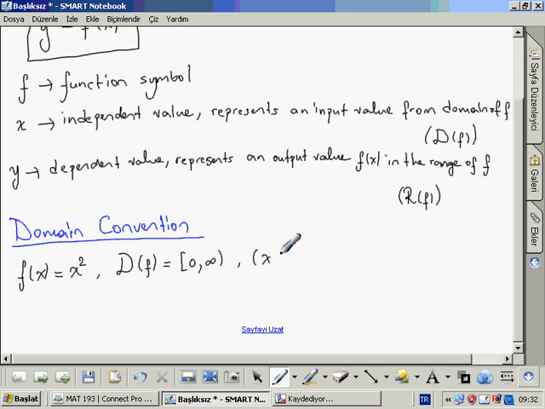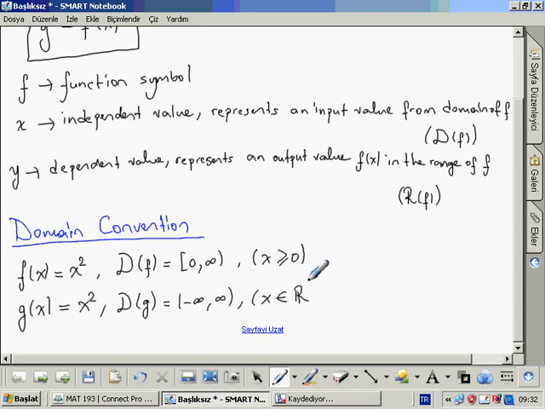That means x is larger than or equal to 0. Okay, and another function, which is g of x, it equals x squared, and let me define its domain by D of g, and it's minus infinity to plus infinity open interval, and that means x is an element of the real numbers.